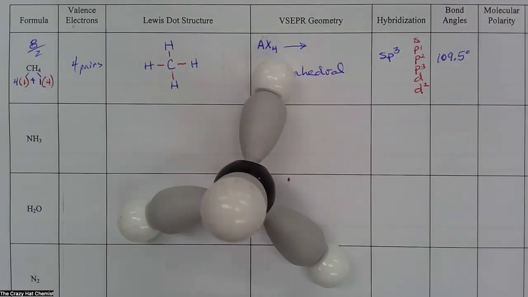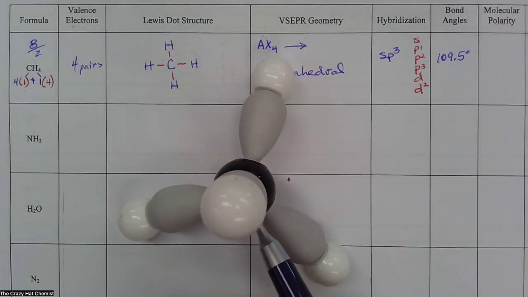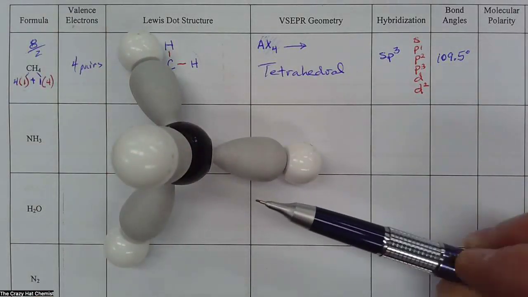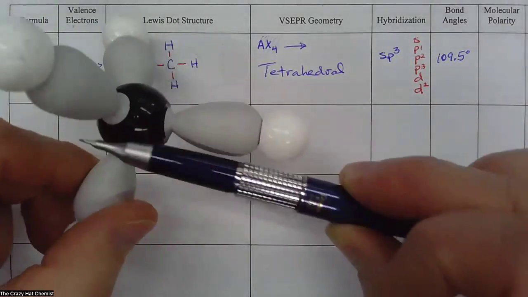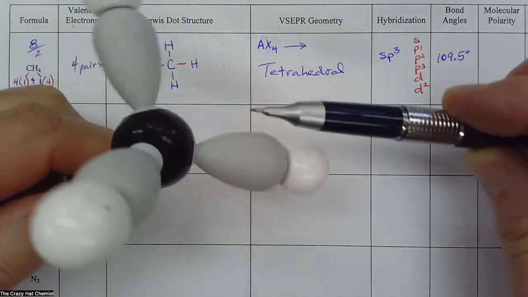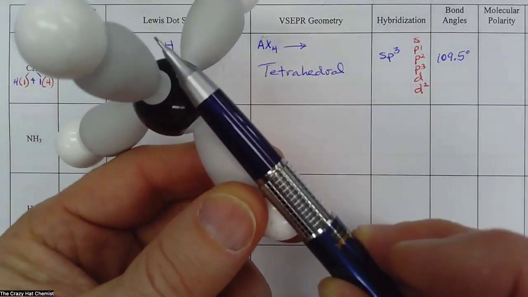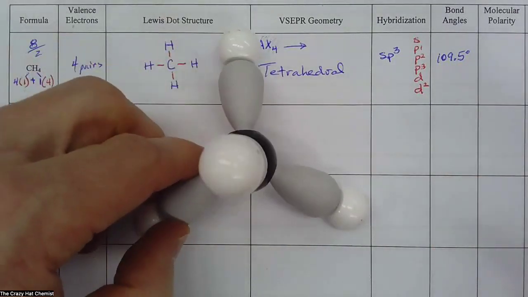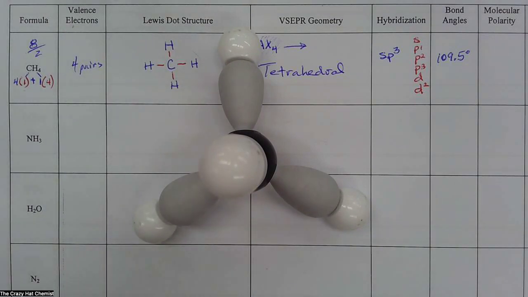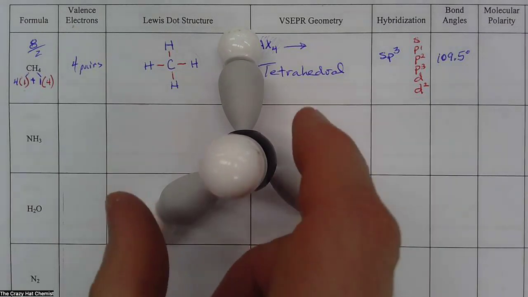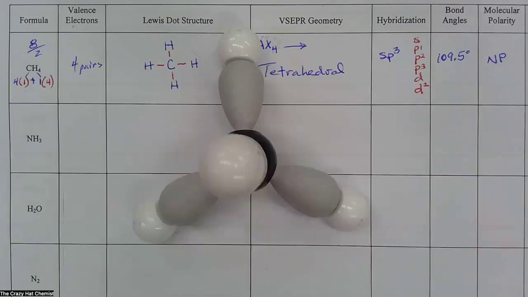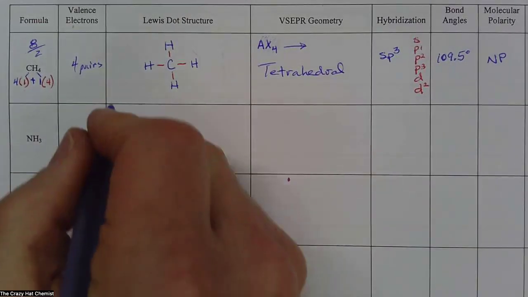Carbon has more electronegativity than hydrogen, so the bond polarity is going towards this carbon. This bond polarity goes towards the carbon, this one goes towards the carbon, and this one goes towards the carbon. So all the bond polarities are pointing inward into that carbon, and that is actually symmetrical. Because it's symmetrical, this is going to be non-polar here for methane. By the way, this is methane.